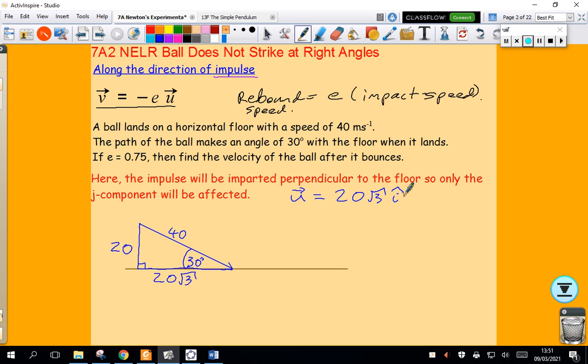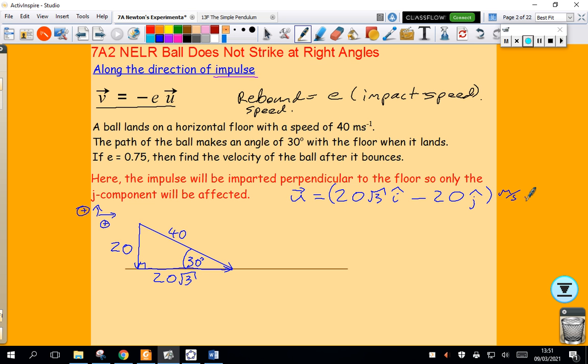And depending on how you want to define your coordinate system, I'm defining this as a right positive, up positive system. So that 20 there is a downwards velocity, so we're going to have minus 20 j hat, and that's going to be my initial velocity. That's the velocity on landing.